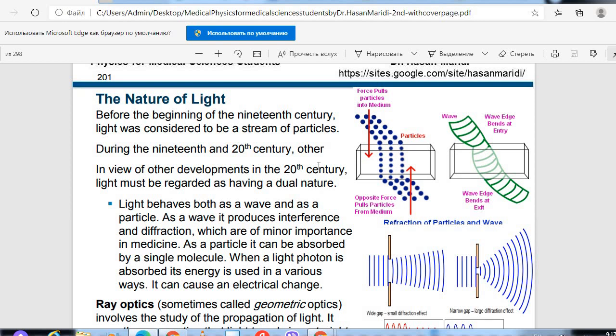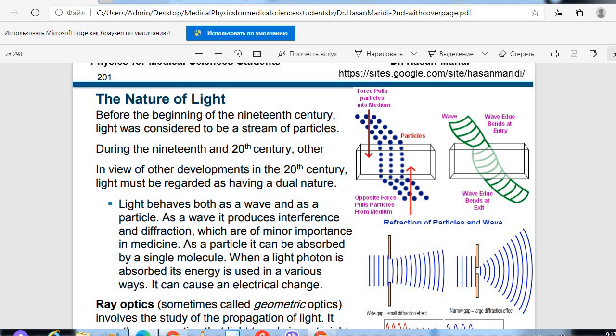As a wave, it produces interference and diffraction, which are basic wave properties of matter, but of minor importance in medicine. As a particle, it can be absorbed by a single molecule.